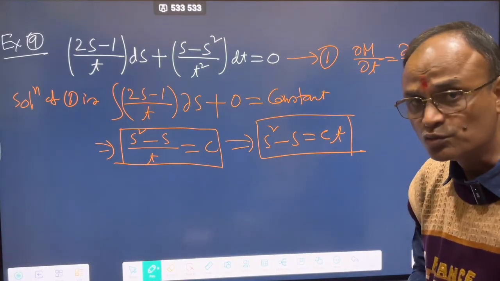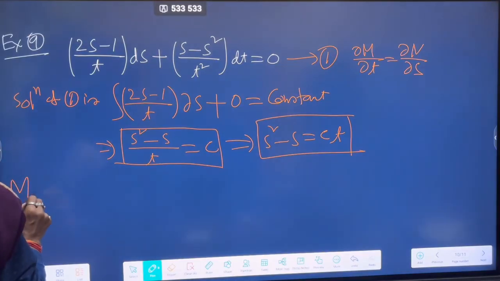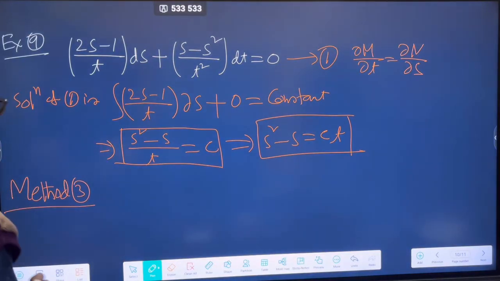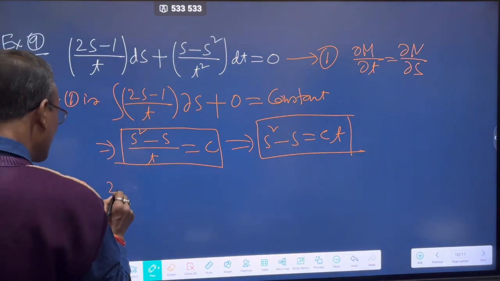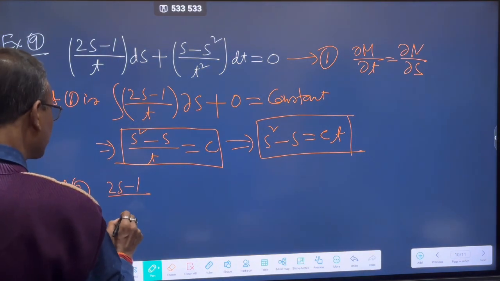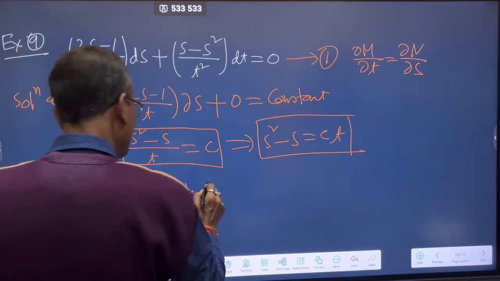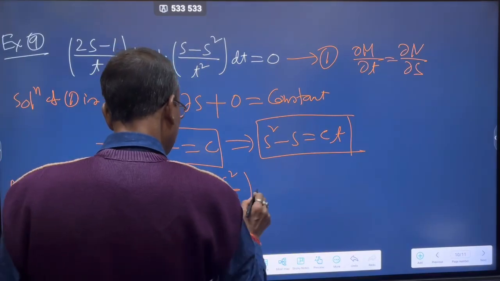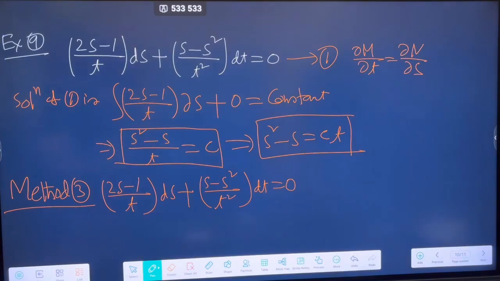This is method 2. Now method 3. Equation 1 is exact. Grouping method. (2s minus 1) divided by t ds plus (s minus s square) by t square dt equal to 0. Method of grouping.